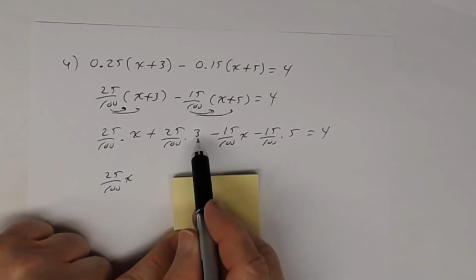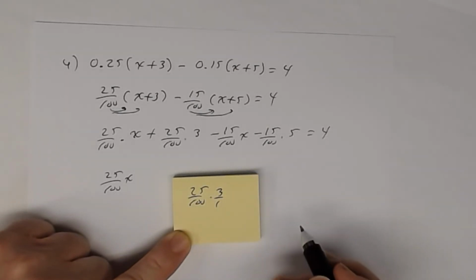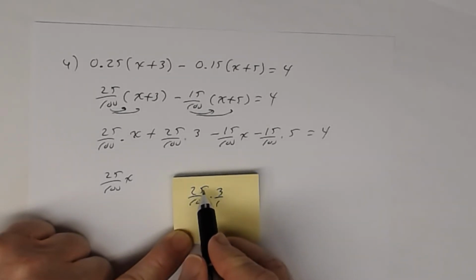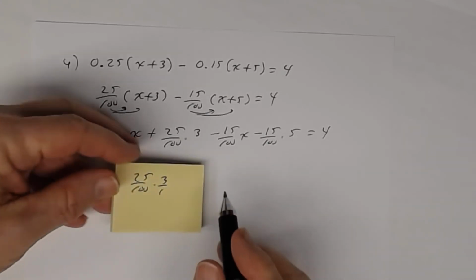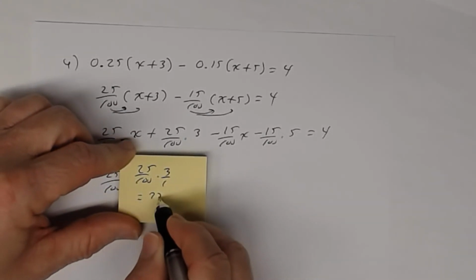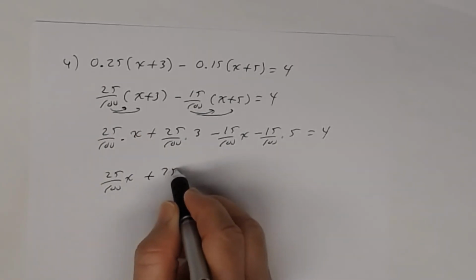So 25 hundredths times 3 means 25 hundredths times 3 divided by 1. So multiplying the numerators, 25 times 3 is 75, and then the denominators, 100 times 1 is 100. So it'll be 75 hundredths. So I get plus 75 hundredths.